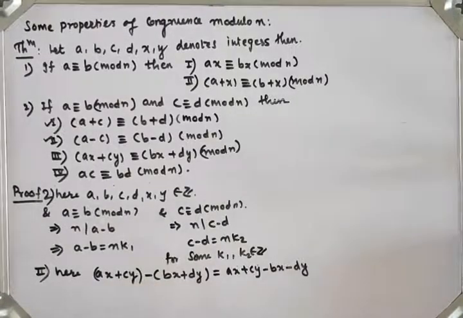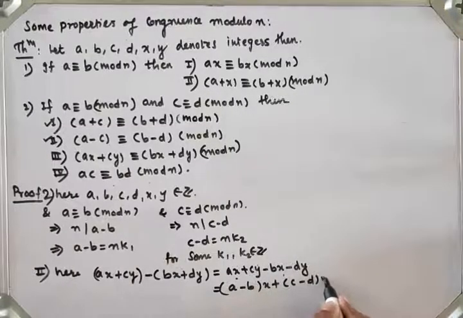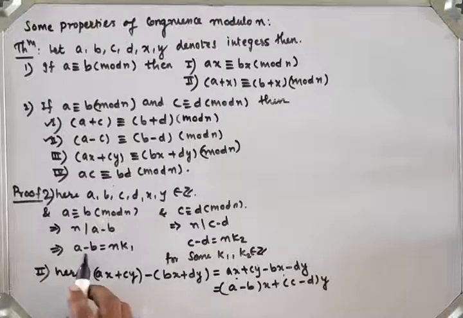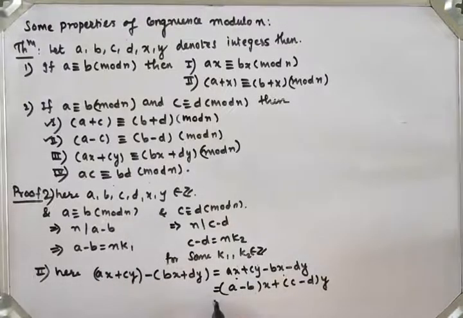I will take x as a common, so we get A minus b into x, plus in these two I will take y as common, so c minus d into y. So we know that the value a minus b has value nk1, so nk1 x plus c minus d has value nk2 y, right?